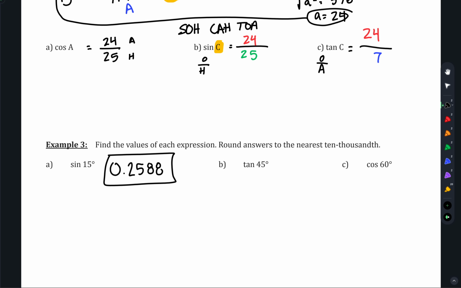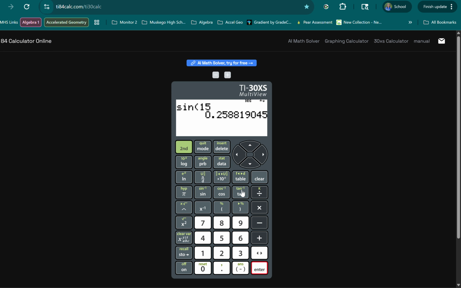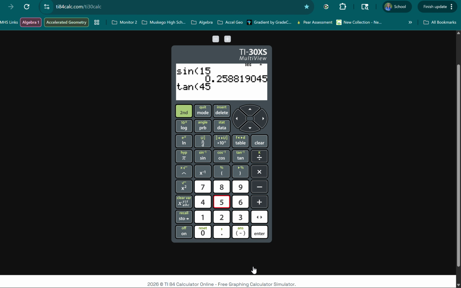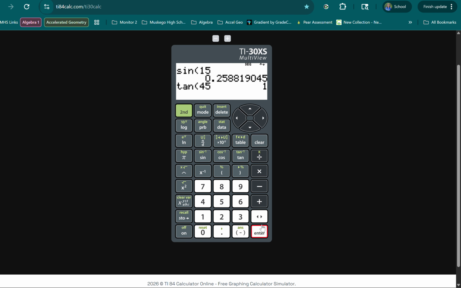Tangent 45. So I find the tan button, 45, hit enter, I got 1. Next one, letter C, cosine 60, enter, I got 0.5.